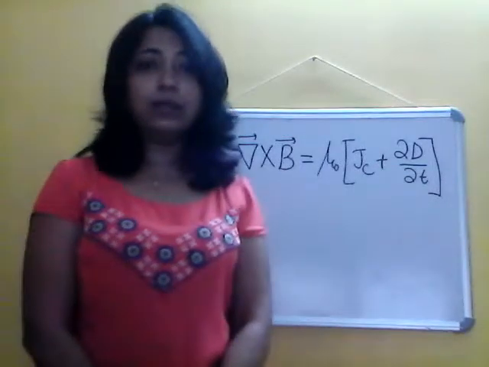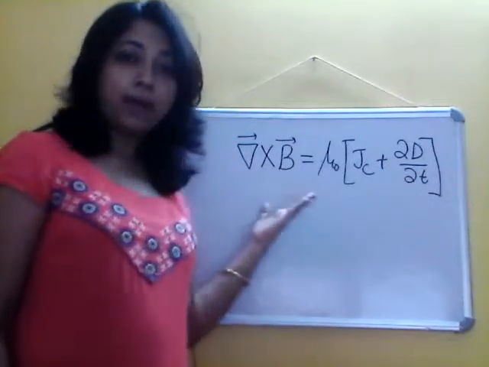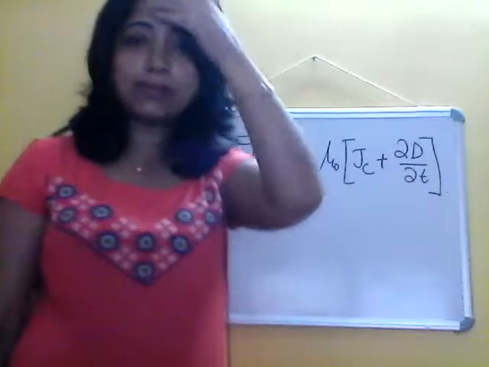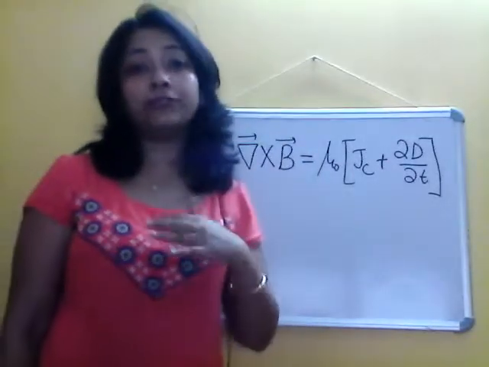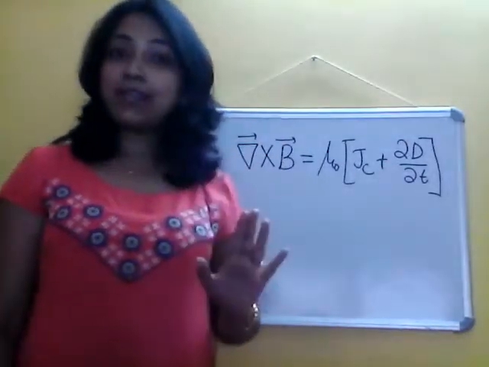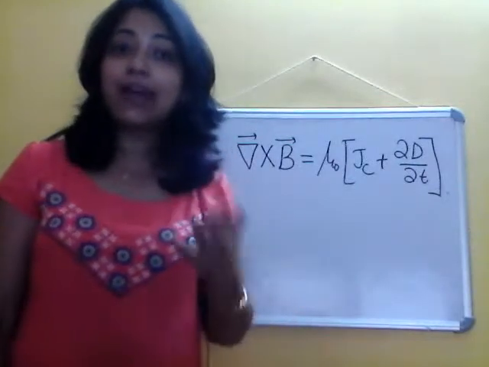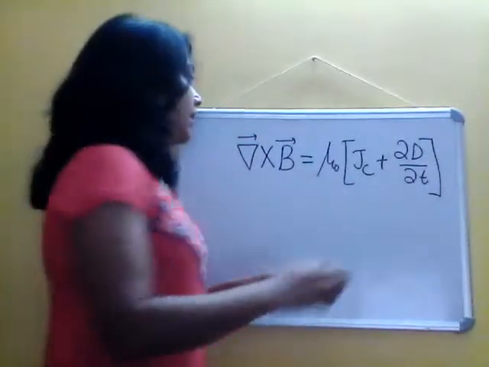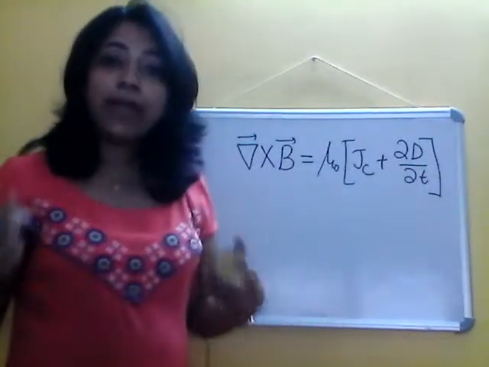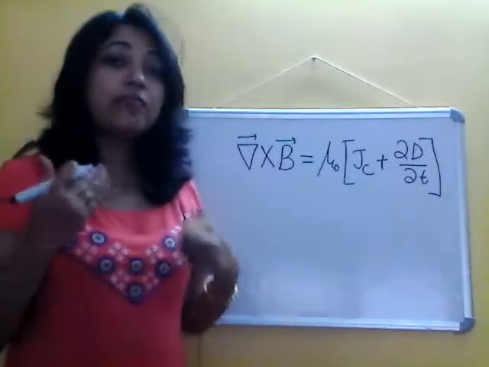This particular equation ends our topic of Maxwell's equations, where we have discussed all the four. Just summarizing the entire thing that we have written. Remember, how can you make yourself remember this?